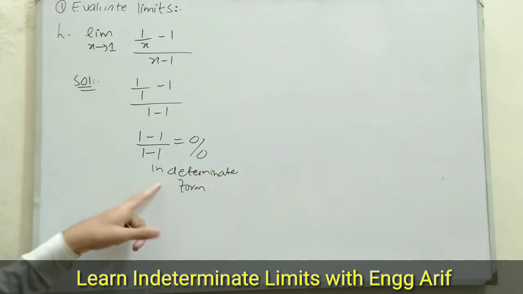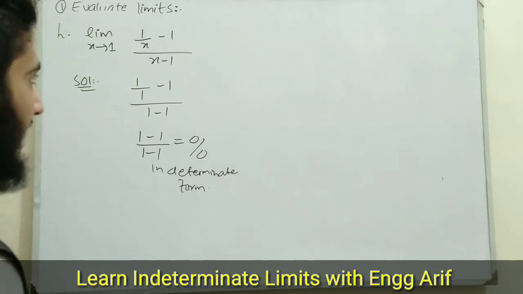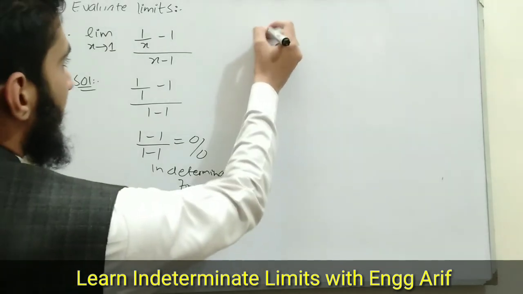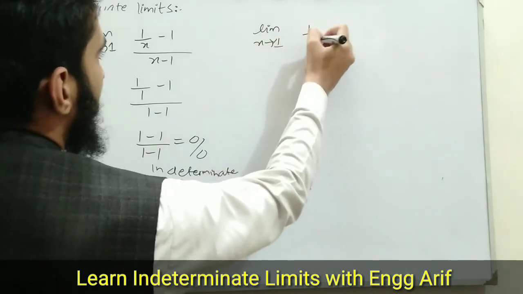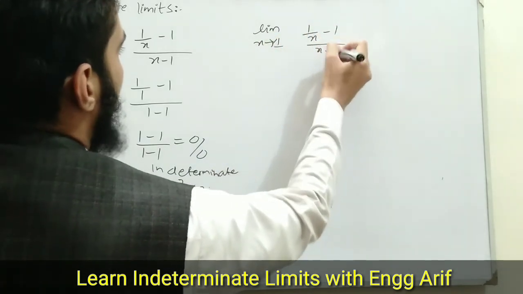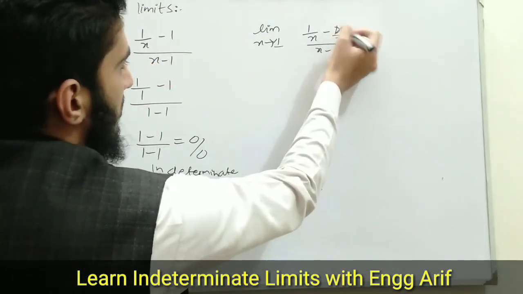Since it is an indeterminate form, we will simplify this fraction by taking the LCM in the numerator. We are given limit x approaches 1 of (1 over x minus 1) divided by x minus 1. Here let's suppose I multiply and divide by x.